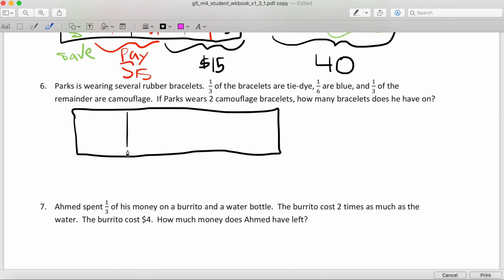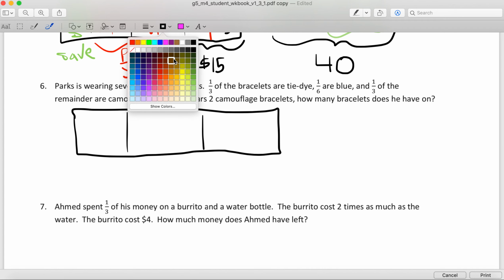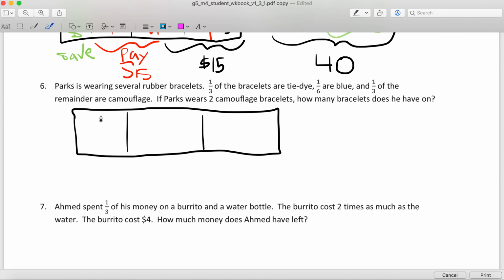This is 3 equal groups. But in order to get 1/6, I would need to divide my thirds. I would need 6 equal parts. So now I'm going to divide each part.